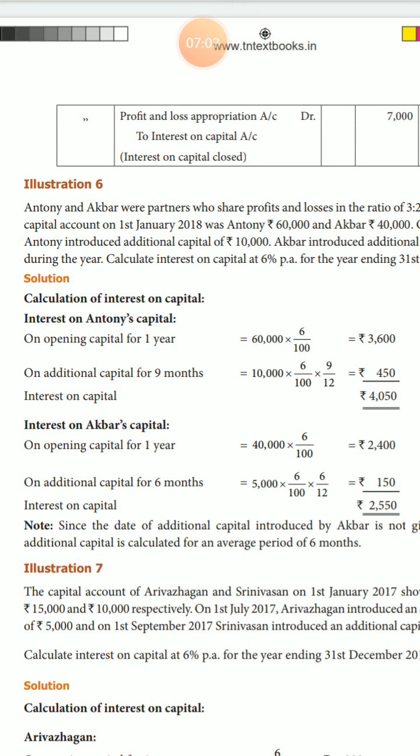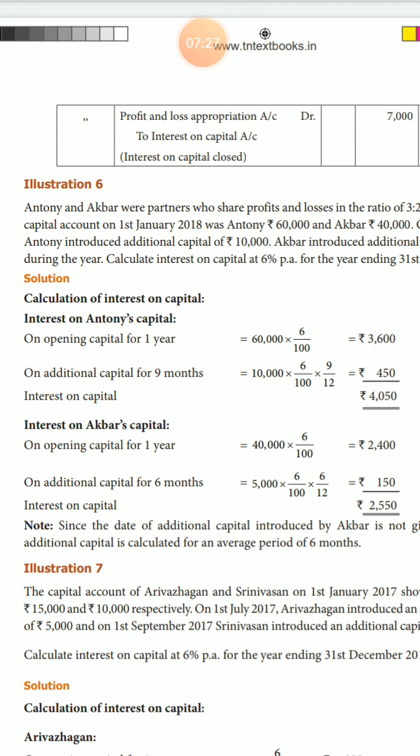On opening capital for 1 year. The investment on 1st January 2018 was 60,000 rupees. On opening capital is 60,000 rupees.